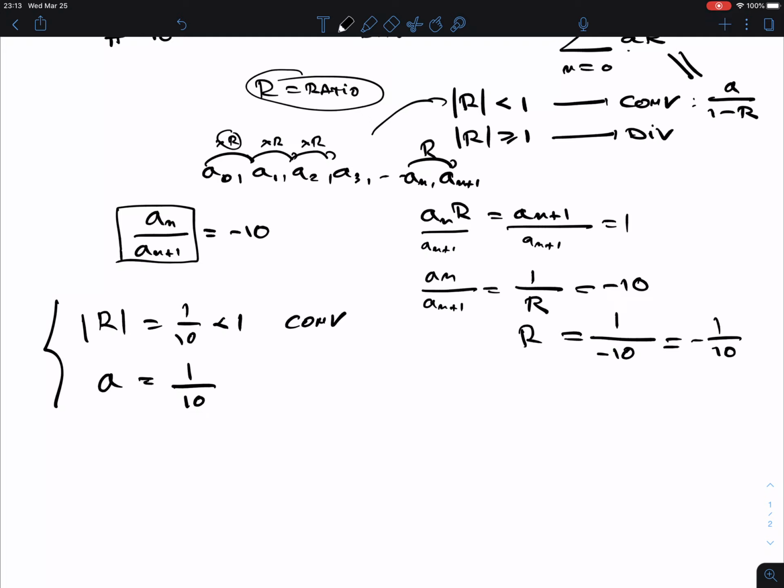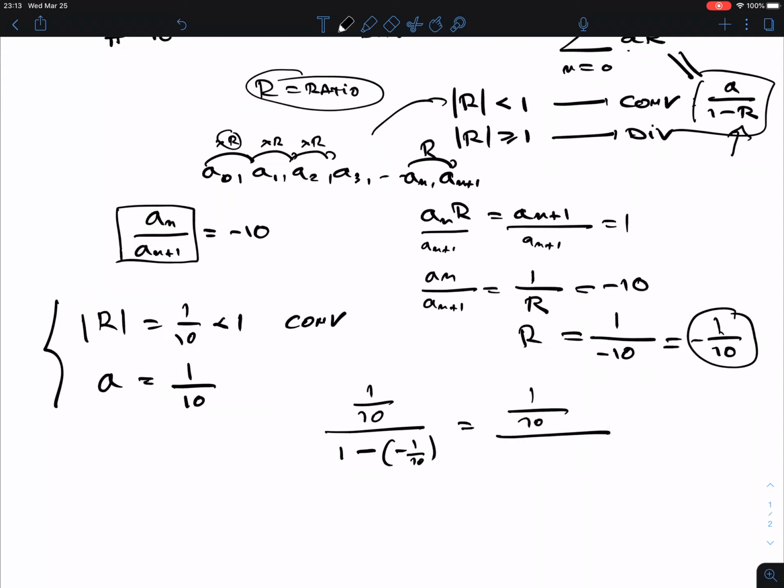Okay, so the only thing that we need to do is plug it into this formula: 1 over 10 divided by 1 minus, now very careful, we have to plug in here r, not the absolute value of r, and we said r was minus 1/10, so minus minus 1/10. That's a small little detail.